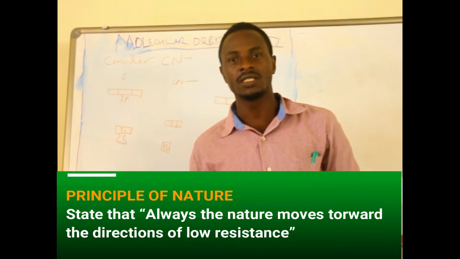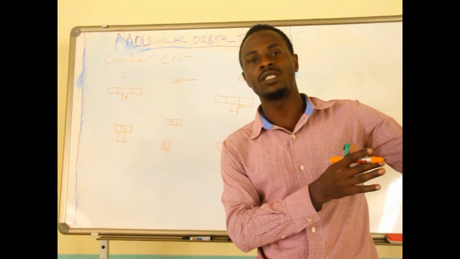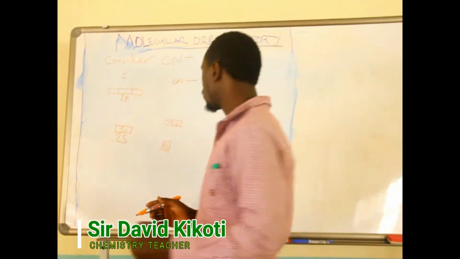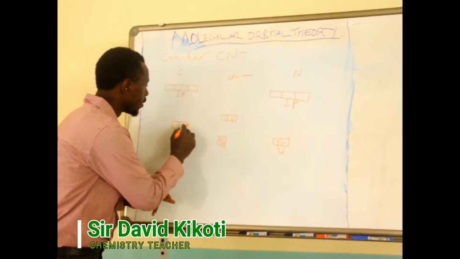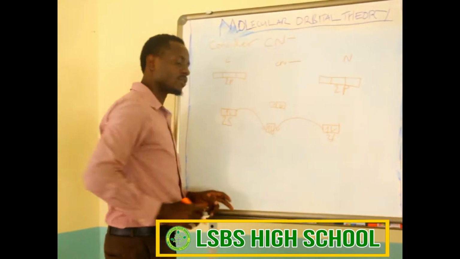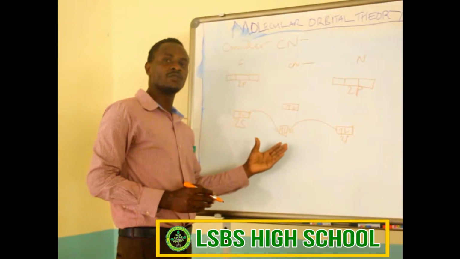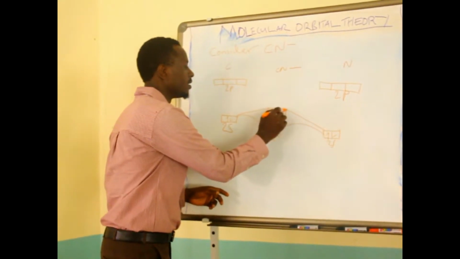Substances tend to move toward the position where there is no resistance. Now electrons will first fall to this orbital because there is no resistance. The remaining electrons will absorb energy and jump to the highest energy level.